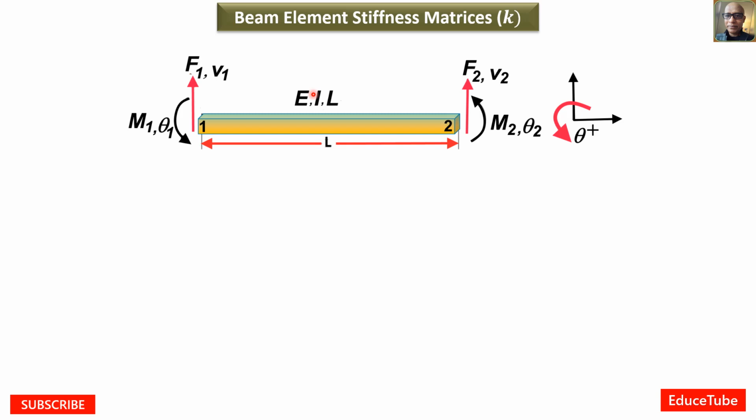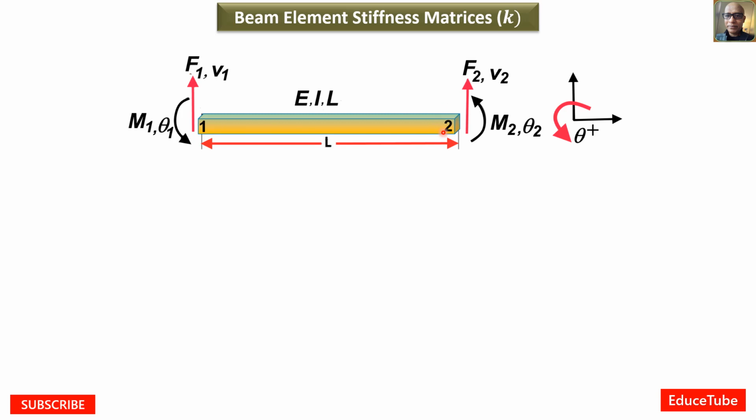Bending stresses come from the moment in a beam, and here the beam length is L. Now this uniform beam has two ends. This is one end, this is the other end, and I marked them as node 1 and node 2.